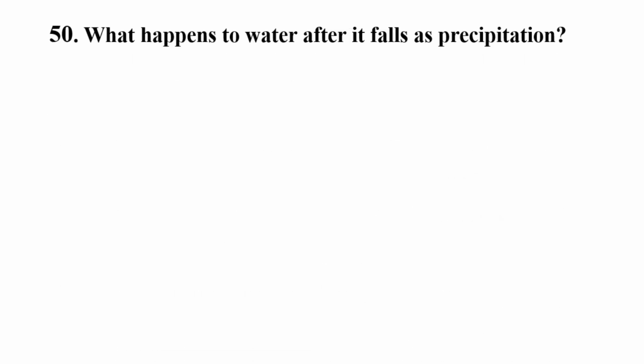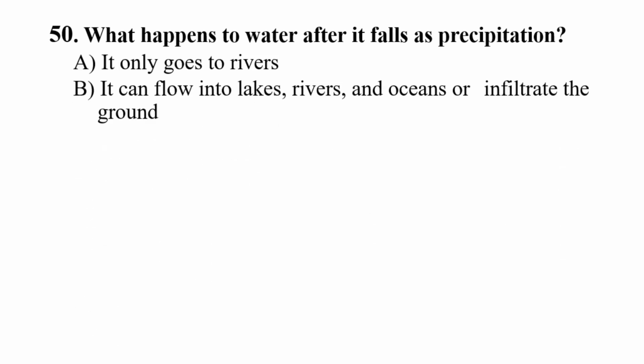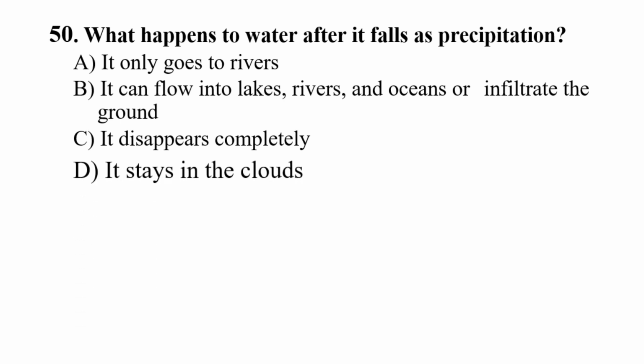Question number 50. What happens to water after it falls as precipitation? A. It only goes to rivers. B. It can flow into lakes, rivers, and oceans or infiltrate the ground. C. It disappears completely. D. It stays in the clouds.